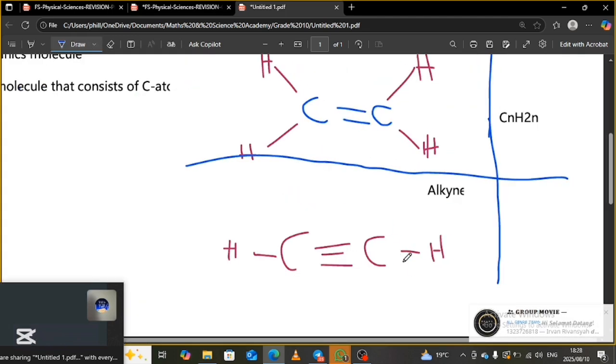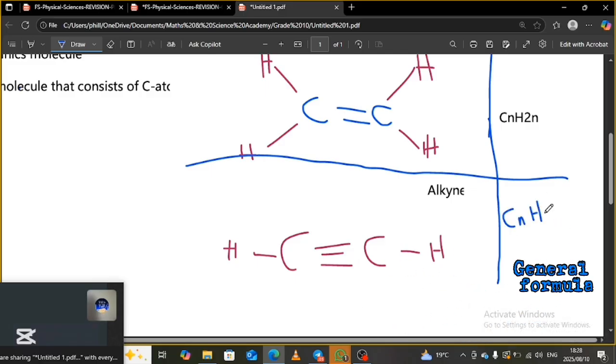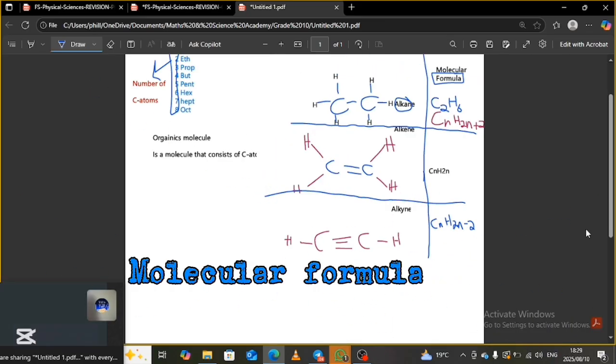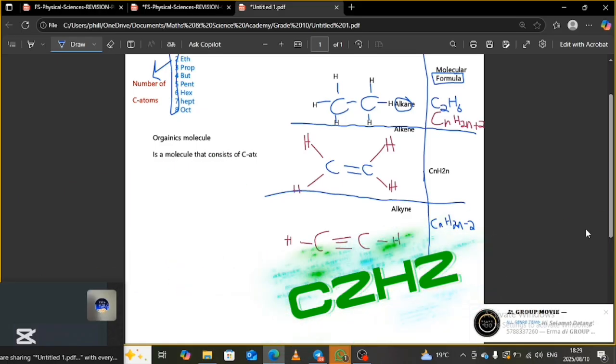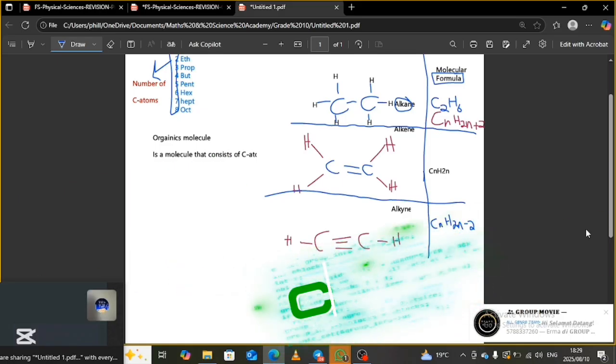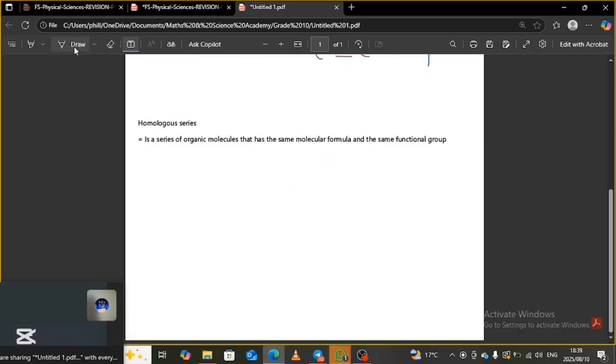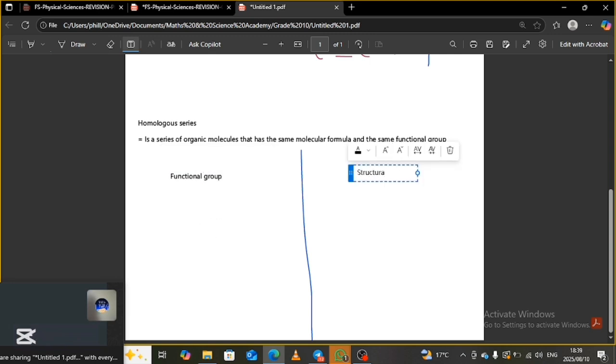The general formula of alkynes is CnH2n minus 2. To find the molecular formula, we just substitute 2 for n, since we have two carbons, giving us C2H2.